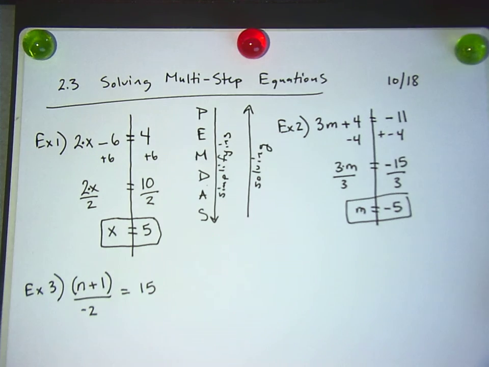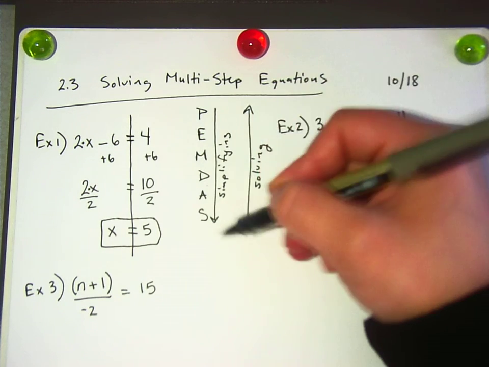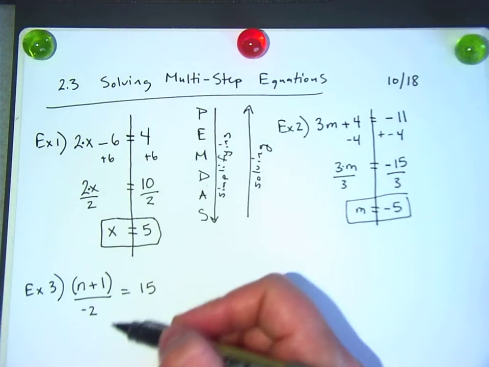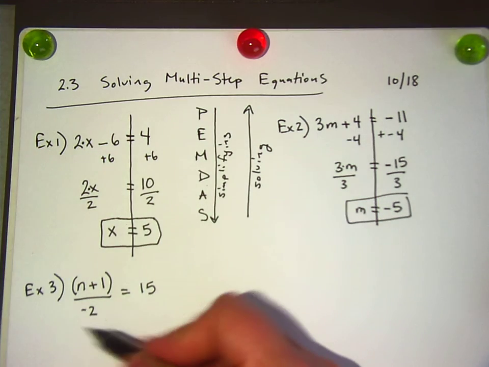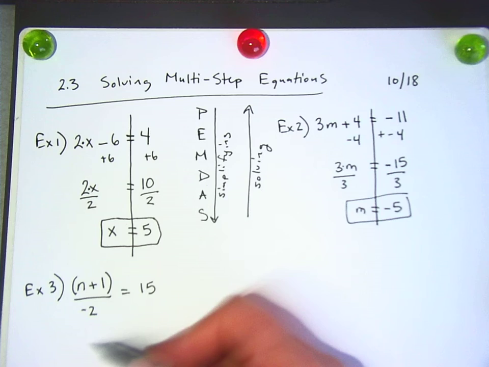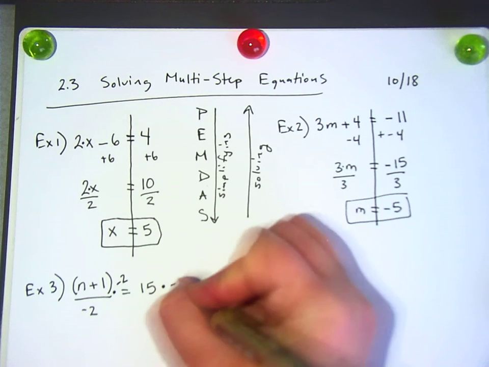You said parenthesis first? Nope. Remember, it's opposite of what you think, right? I know, you kind of think PEMDAS, I want to go in this order, right? But it's opposite. So we're going to take care of the division first, yeah? Do you see right now how it's dividing by -2? So to get rid of it, I'm going to multiply both sides by -2.